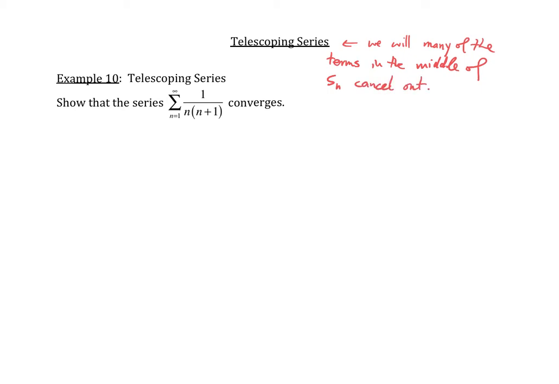So it's kind of like a pirate's telescope, where they extend it out and then they can collapse it, and all the parts in the middle get collapsed. So it's kind of like a telescope.